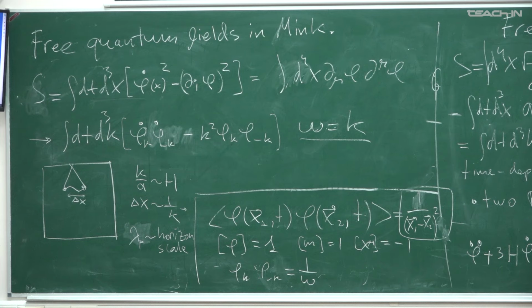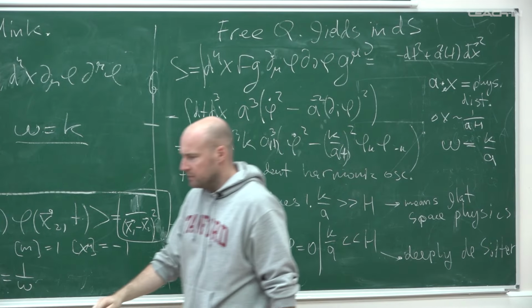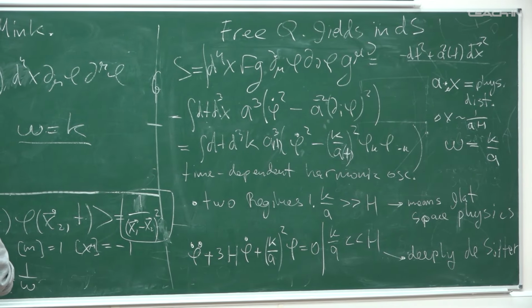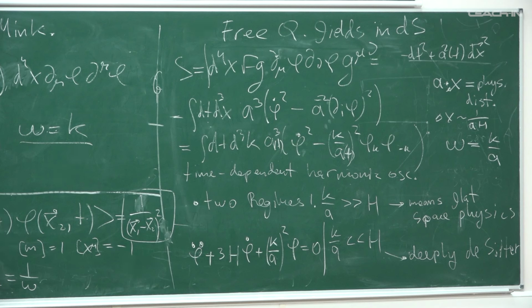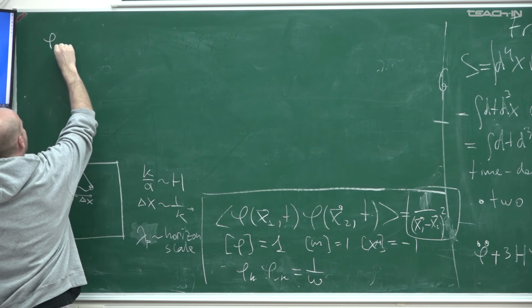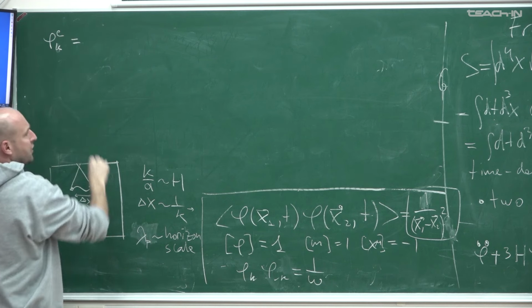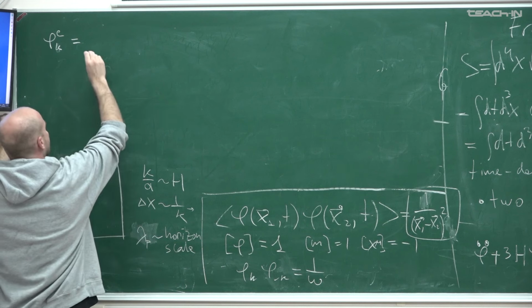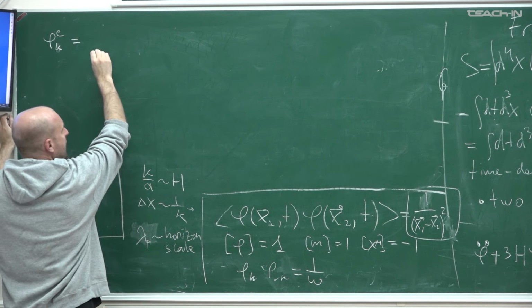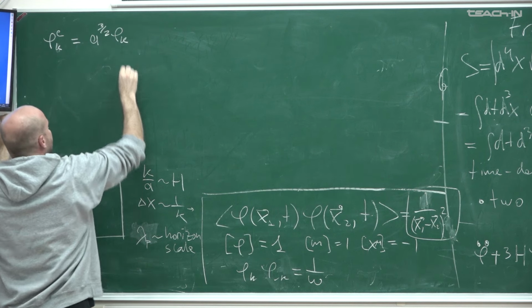but with a subtlety, right? So here we also have this overall a cubed sitting in front, right? Okay, let me erase this. So let's define a canonical field, phi k canonical, which is a to the 3/2 phi k.